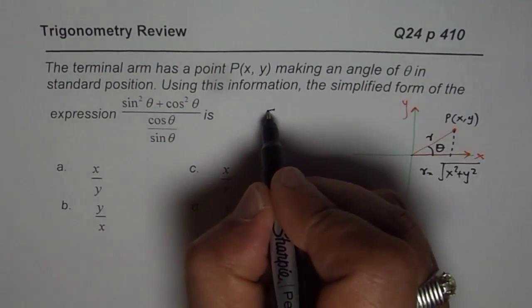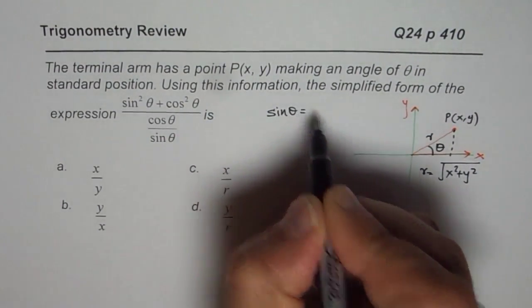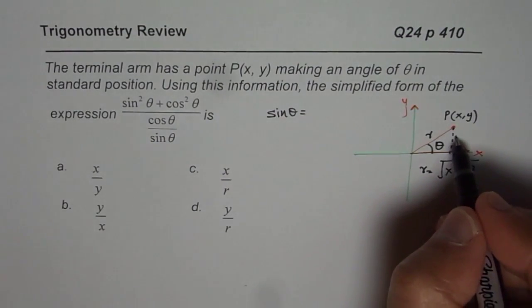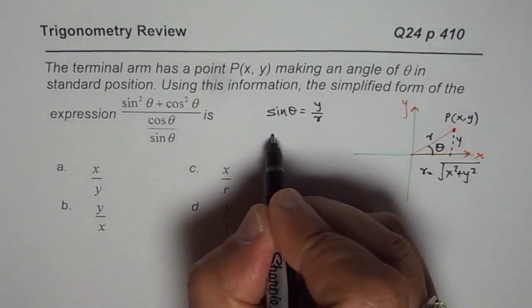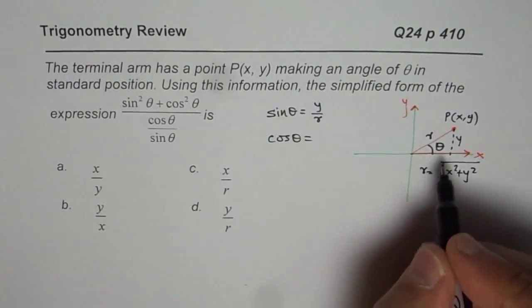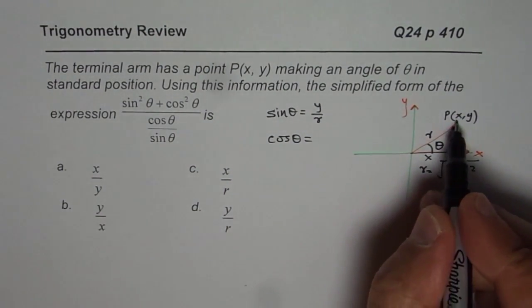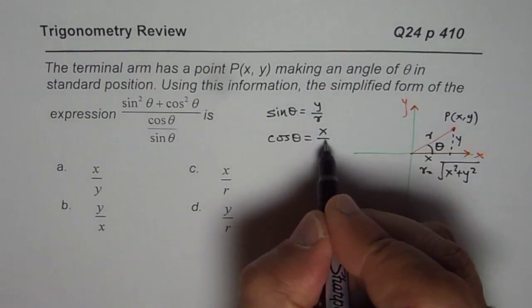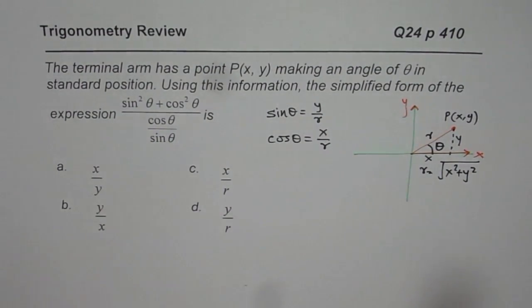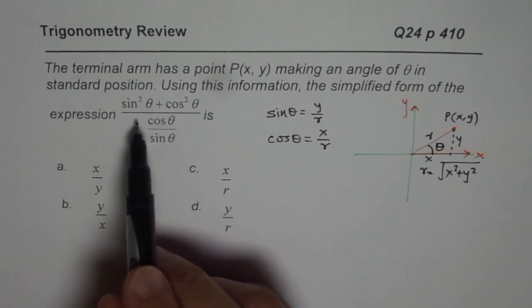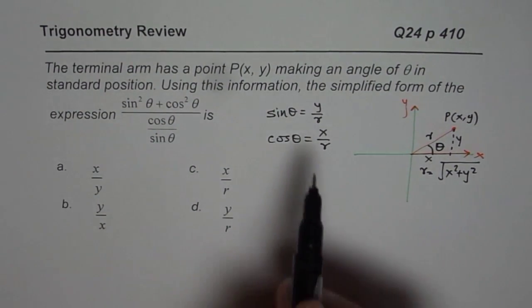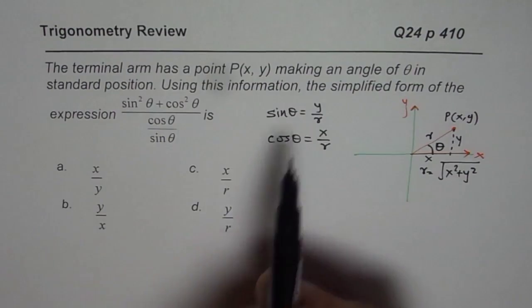So what is sine theta? Sine theta is the opposite side, which is y, over r. And what is cosine theta? Cosine theta is the adjacent side, which is x, over r. Now we are given sine square theta plus cos square theta divided by cos theta over sine theta. Let's substitute sine theta with y over r.